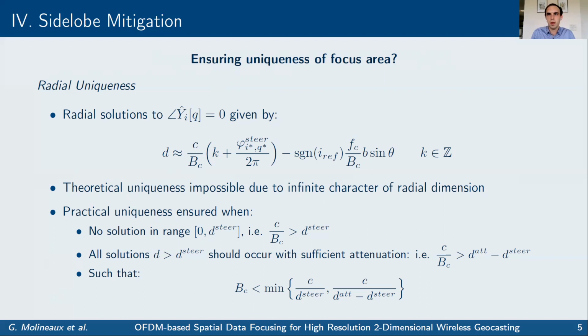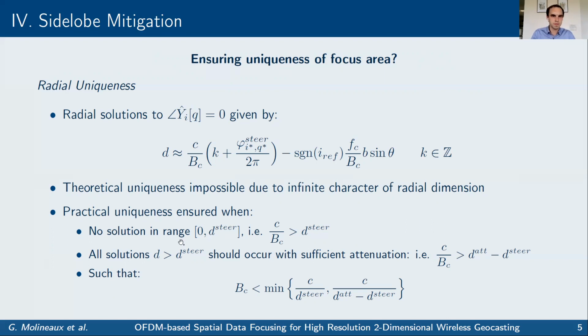However, in practice, if we can satisfy two conditions, the first one being that there is no solution in the range from 0 until the steering point, meaning that the periodicity should be larger than the steering range.